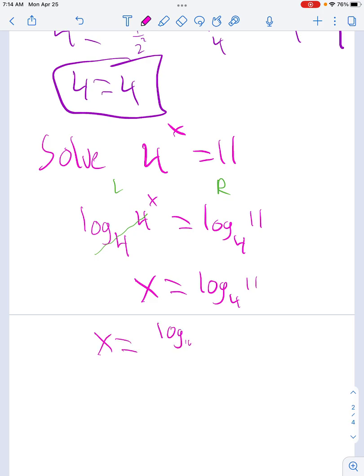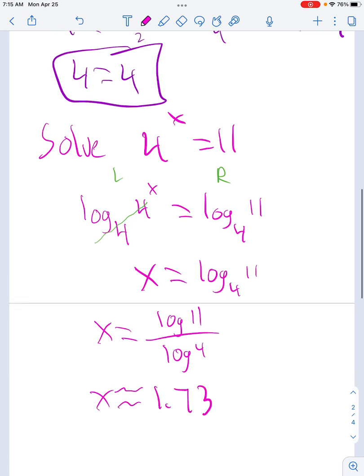So again, log base 10, I don't need to write that. Log base 10 of 11 and log base 10 of 4. So I can use my calculator to plug these in, log of 11 divided by log of 4, and we're going to get x is approximately 1.73.